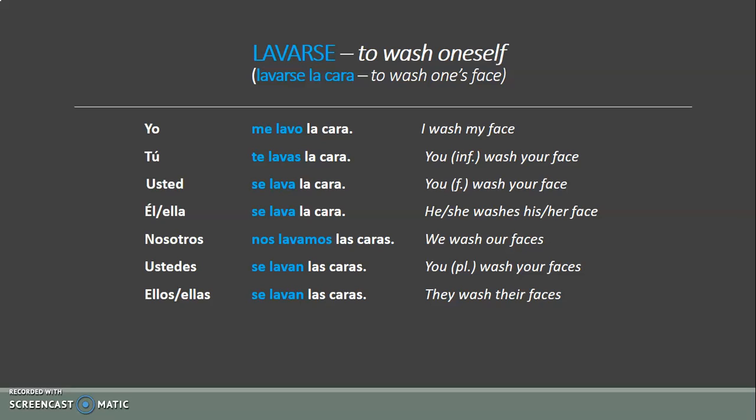I bathe myself. Tú te bañas. You bathe yourself. Usted se baña. You formal bathe yourself. And so on and so on. So that's how the me and the te and the se translate to myself, yourself, themselves, etc. Okay?